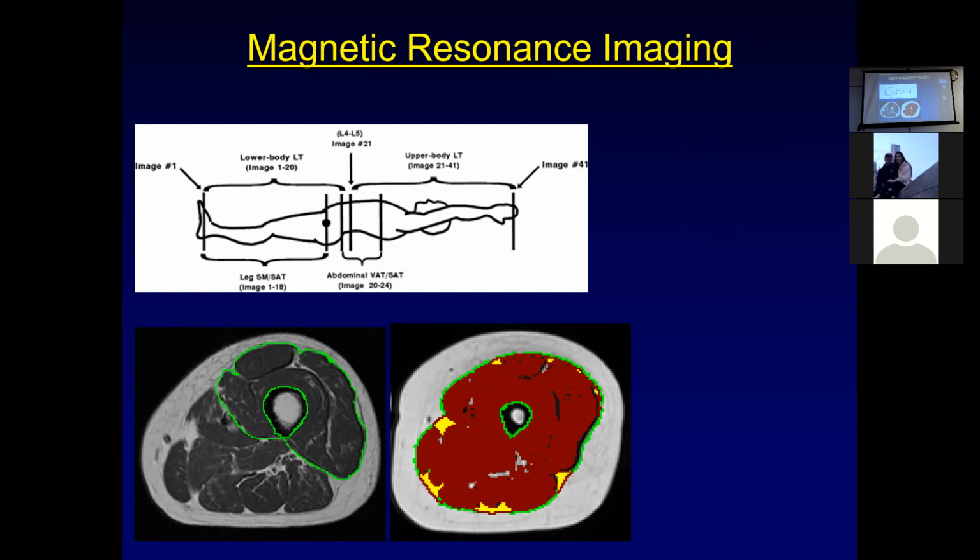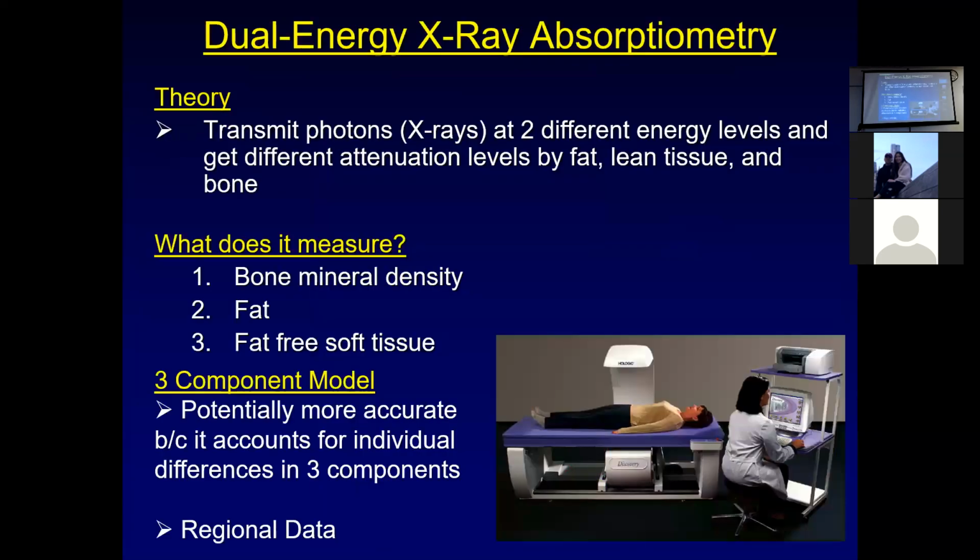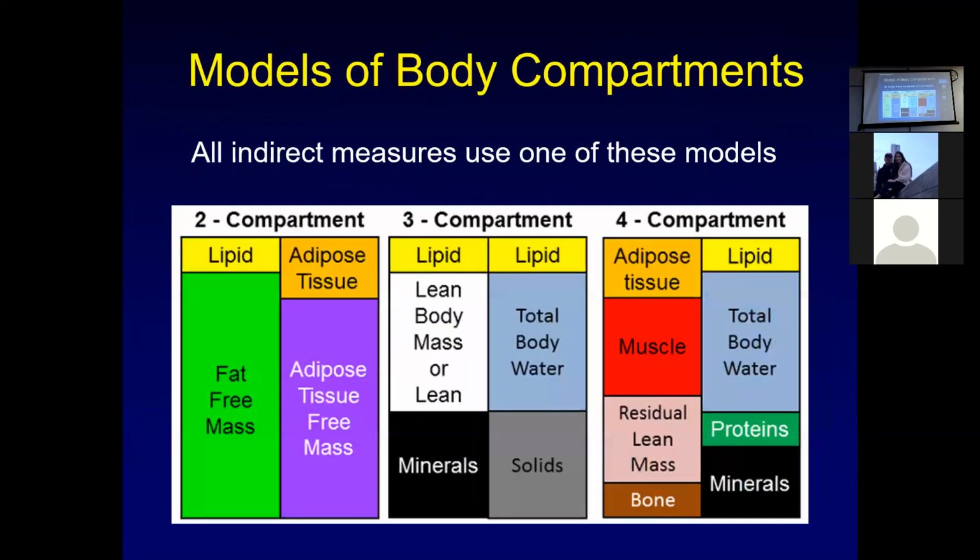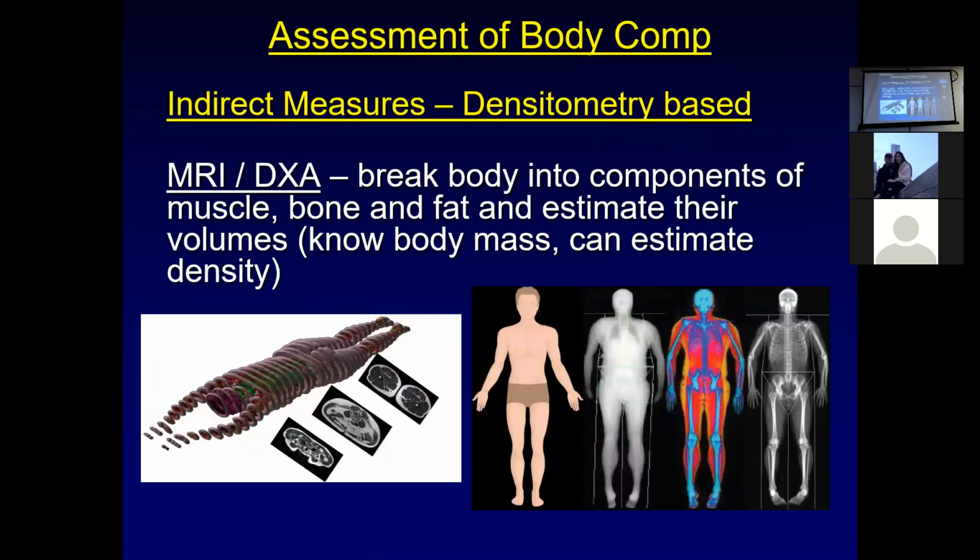We can find the bone. We can't really get water. It's really a 3-component model where it's going to be fat and then lean tissue and then bone, but it's very, very accurate and completely infeasible to do. Okay? But that's going to be the best one.